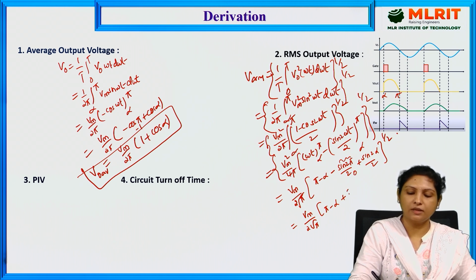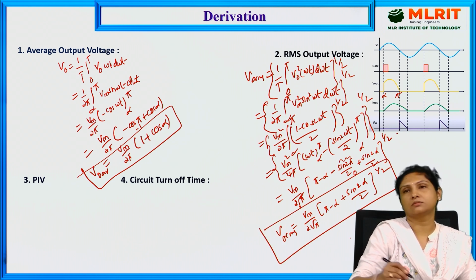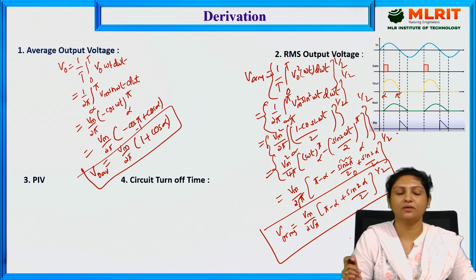We get plus sine 2 alpha by 2 whole to the power of 1 by 2. This is V0 RMS expression for single phase half wave controlled rectifier with RL load with freewheeling diode.